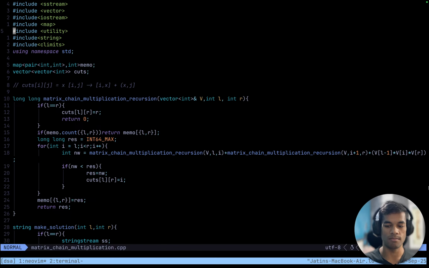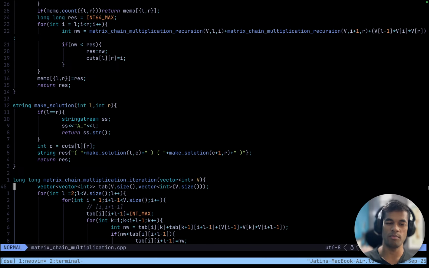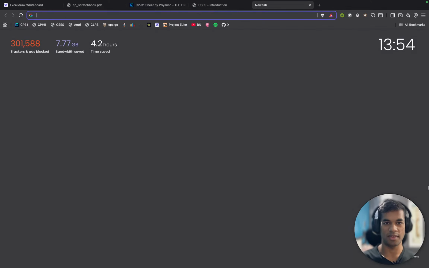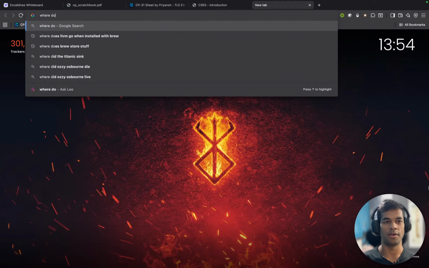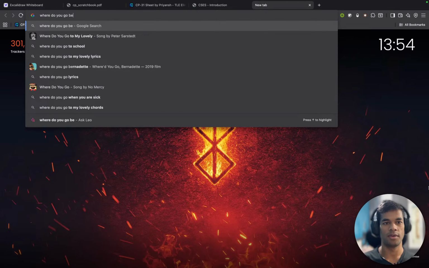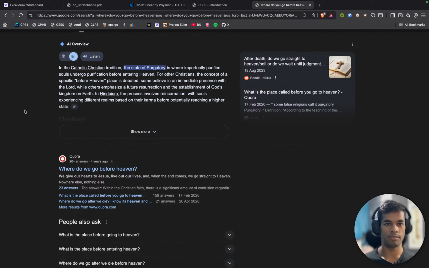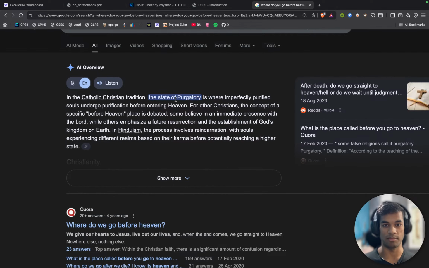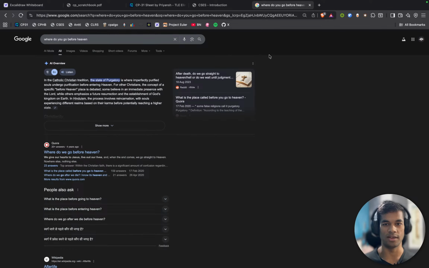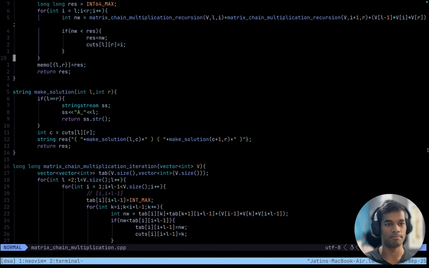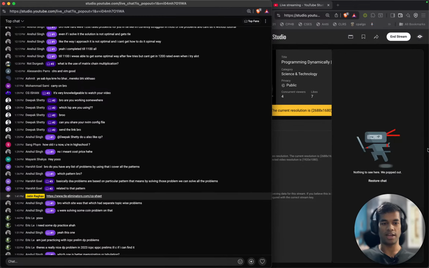What is the place you go to before you either go to hell or heaven? Purgatory, the state of purgatory. You won't even go to purgatory. You will go straight to hell if you use the mouse with Neovim. So don't use the mouse with Neovim. That is bad.